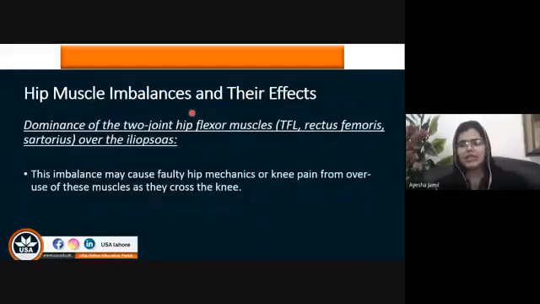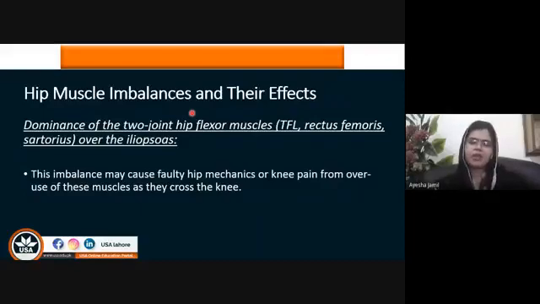It is usually seen that the two-joint-crossing hip muscles are dominant over the iliopsoas. I have just shown you that a tight iliopsoas can cause a disturbed relationship with the lumbar spine, or an increased lordotic curve at the lumbar spine.